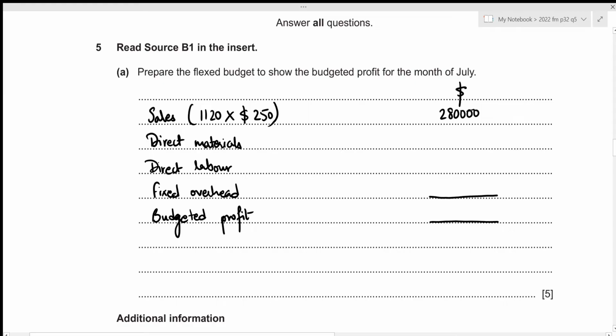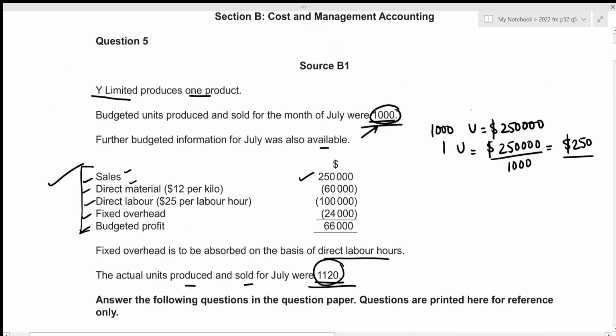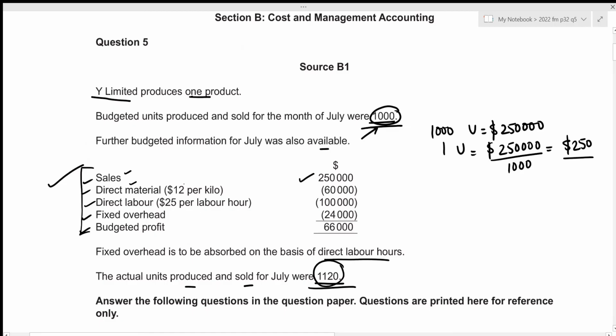Now the next step is direct materials. Again, let's have a look above. We can see that the direct material is 12 per kilo, and this is the total direct material, right? For 1,000 units. Again, let's utilize our unitary method. For 1,000 units, the total direct material is given to be 60,000, which means that for 1 unit, that is just going to be 60,000 divided by 1,000, which results in 60.